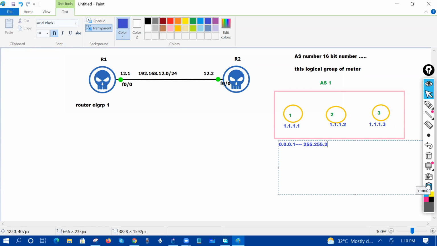255.255.255.254. You cannot use the reserved addresses at the ends of the range. So take an example: what was the router ID election criteria?